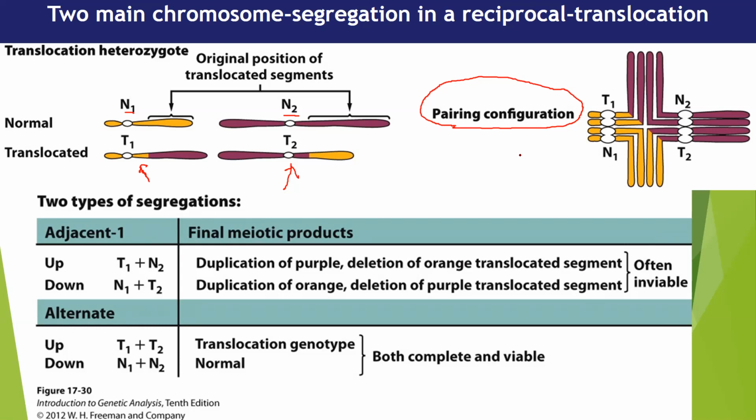N1 will be paired with another N1, and N2 with another N2, because they are homologous chromosomes. However, for this translocation heterozygous, the DNA with similar regions will be paired together. That's why you're going to see this very strange but interesting structure. So the same regions will be paired together like this, right? I hope this makes sense to you.